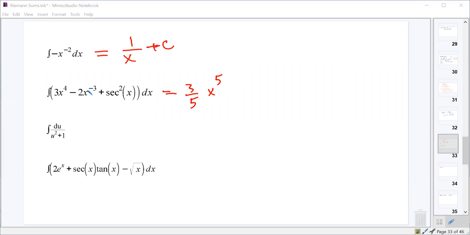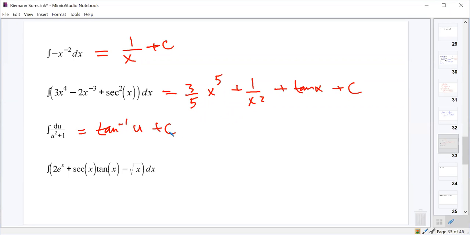And then that should go up to -2. We divide by the -2 to cancel that out. So plus 1 over x squared plus tangent x plus our constant. Next one is just inverse tangent, right? That's just inverse tangent of u plus a constant. And in this last one, 2e to the x just becomes 2e to the x plus secant x.